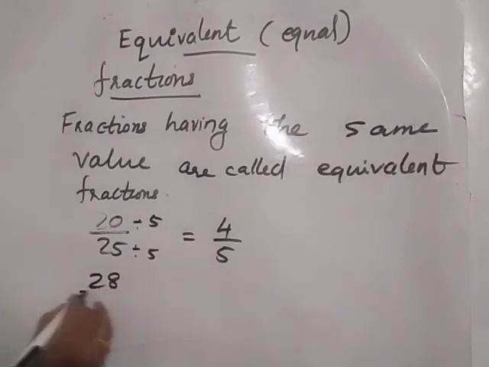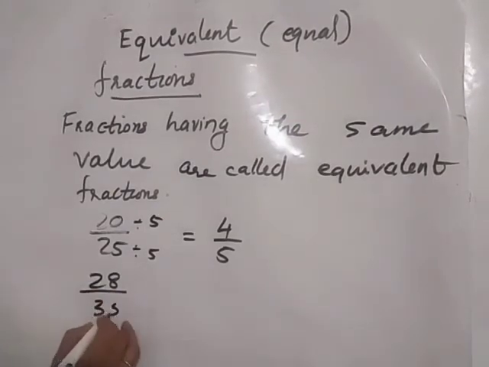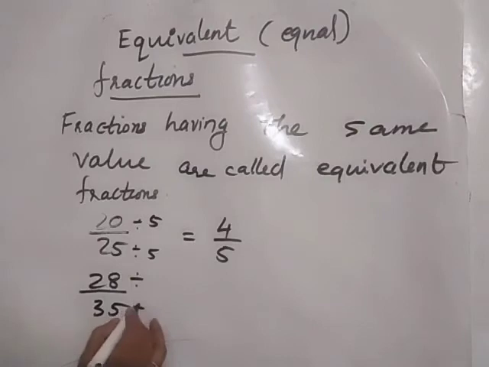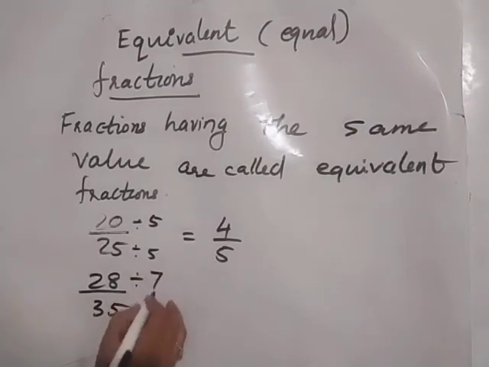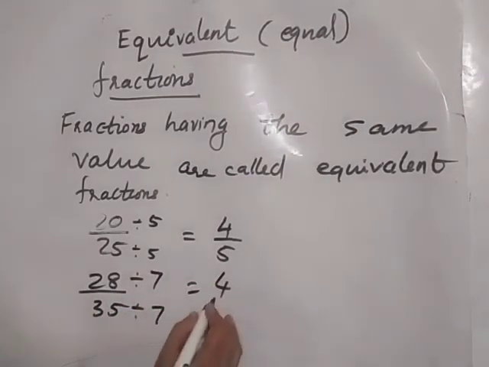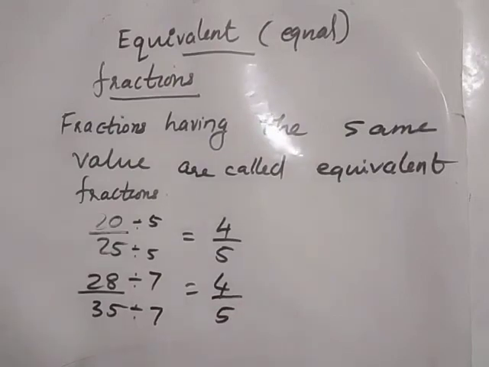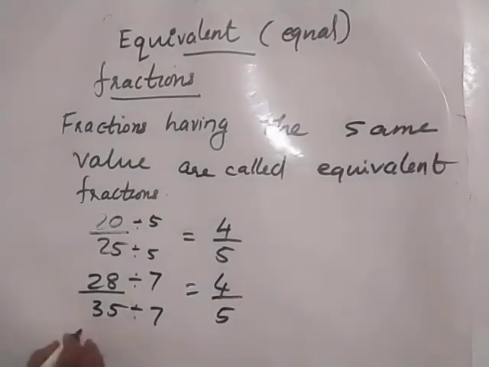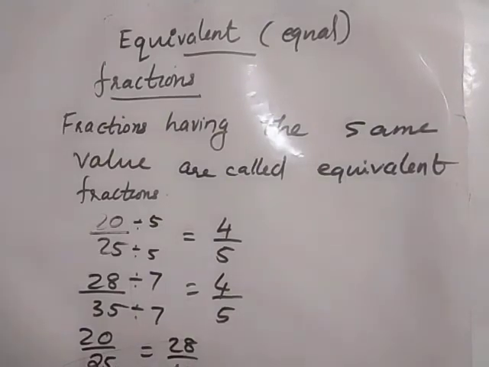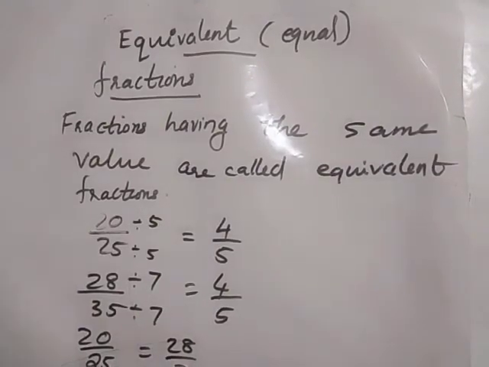Also consider 28 by 35. These two terms are divisible by 7. 4 sevens are 28, 5 sevens are 35, which gives 4 by 5. So we can write 20 by 25 and 28 by 35 are equivalent fractions.